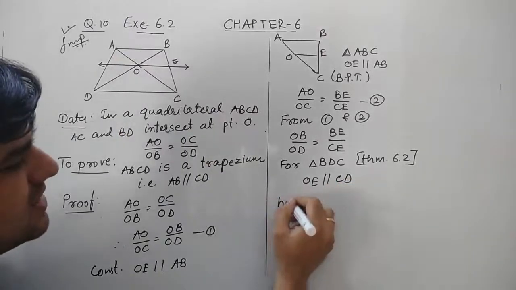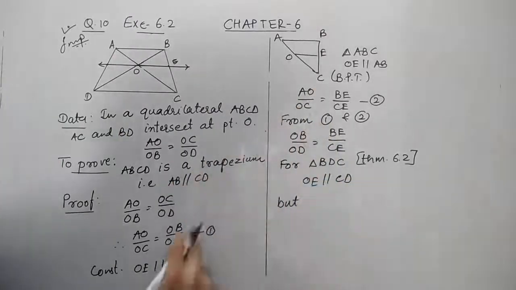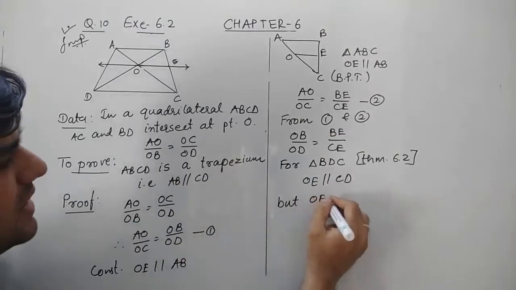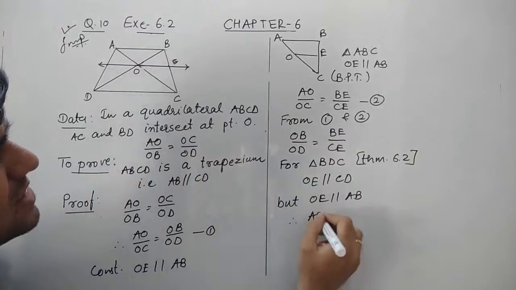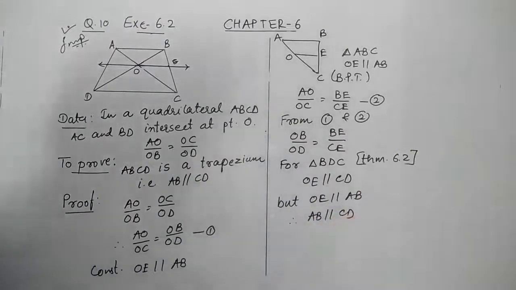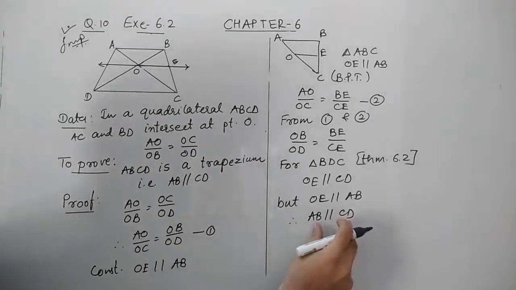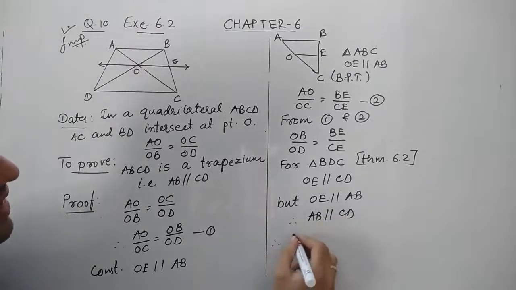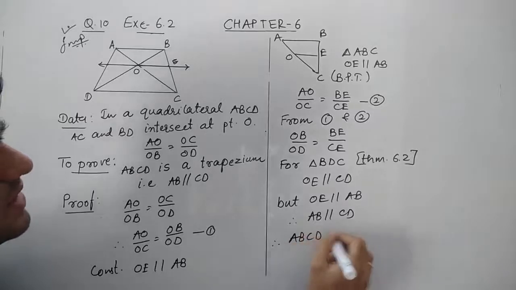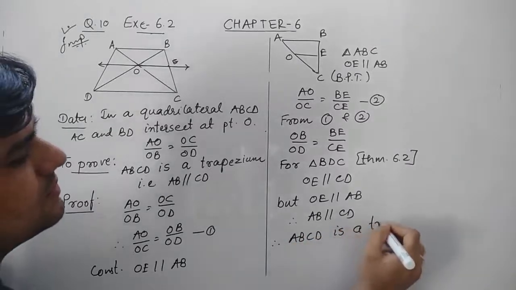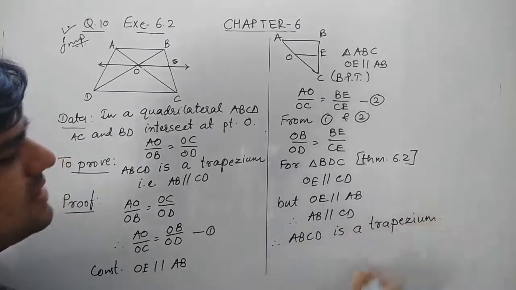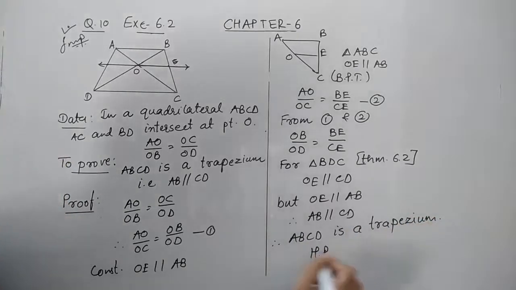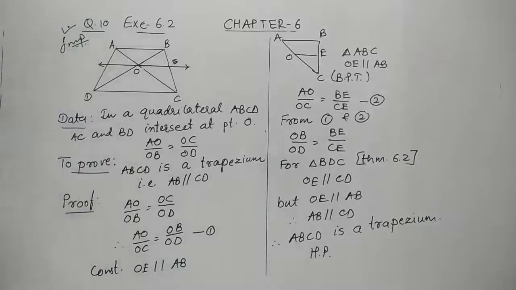But as it is given in the question, or we assume that OE is parallel to AB, therefore we can say that AB is parallel to CD. Now we know that if in a quadrilateral one pair of the opposite sides are parallel, then the given quadrilateral ABCD is a trapezium. As it is a trapezium, which we have to prove, hence it is proved.